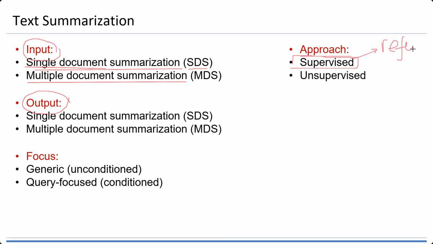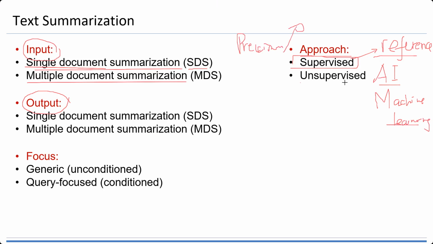So I know that the document is related to AI. Then we can make the summary: this document has the words artificial intelligence, or this document has the words machine learning, and so on. If the document contains the words AI or machine learning, then this document is related to AI, and we can have performance metrics. If the precision is high, then okay, this document is really related to AI and machine learning.